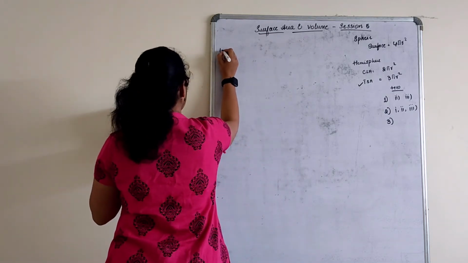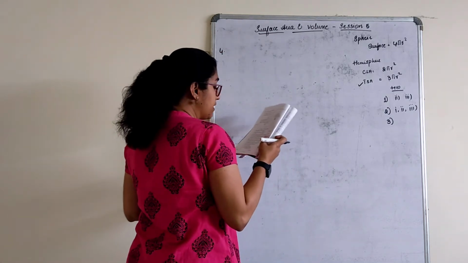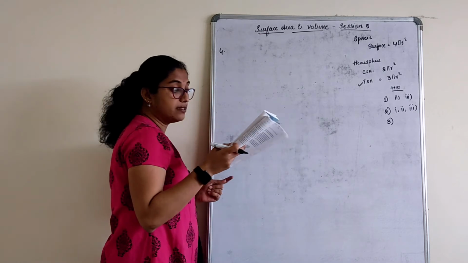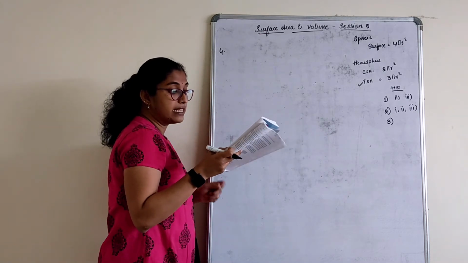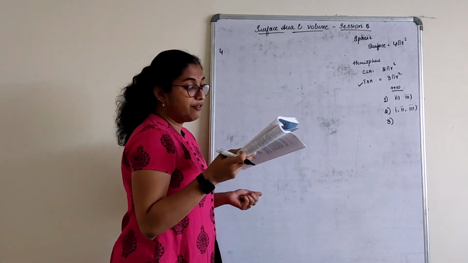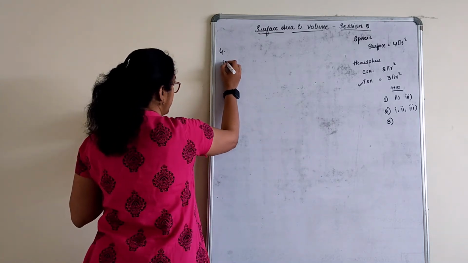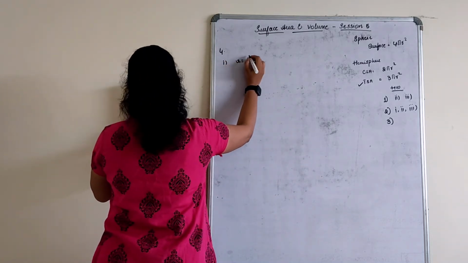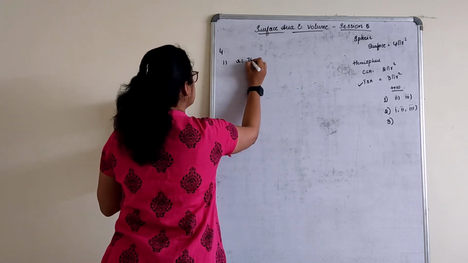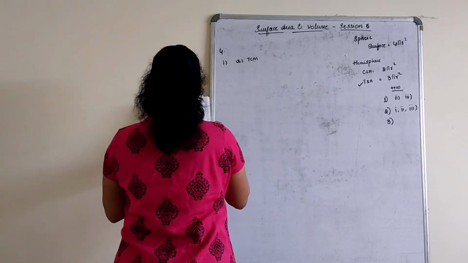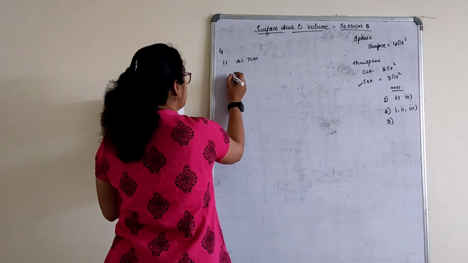Fourth one. The radius of a spherical balloon increases from 7 cm to 14 cm as air is being pumped into it. Find the ratio of the surface areas in these two cases. Case 1, where r is equal to 7 cm. It is a spherical balloon.